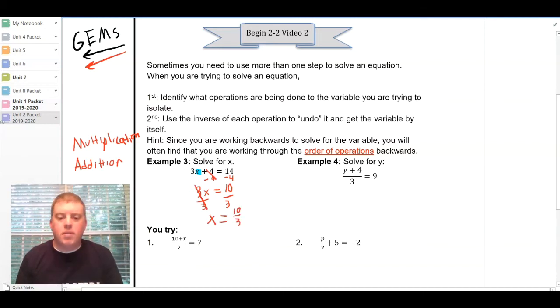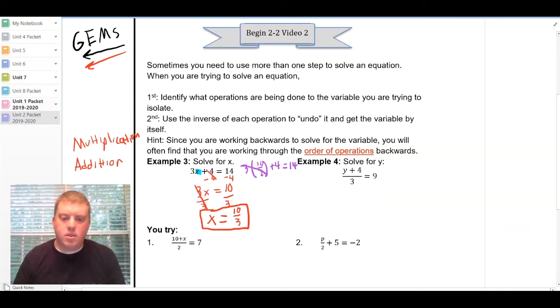Now we're fine with you giving your answers as improper fractions. The only thing we ask is that if it simplifies, you go ahead and simplify. Of course, there's nothing that goes into both 10 and 3, so that's going to be our answer, x equals 10 thirds. And again, I can plug this in to check. Let me switch ink colors here. If I did 3 times 10 over 3 plus 4, it needs to give me 14.